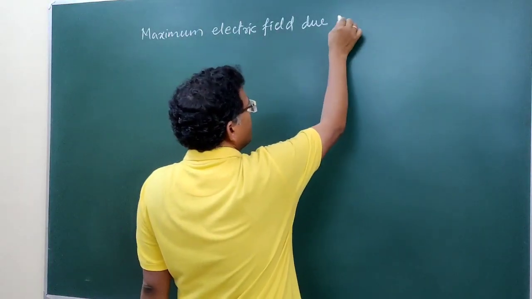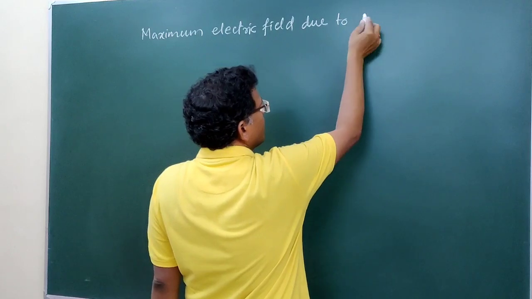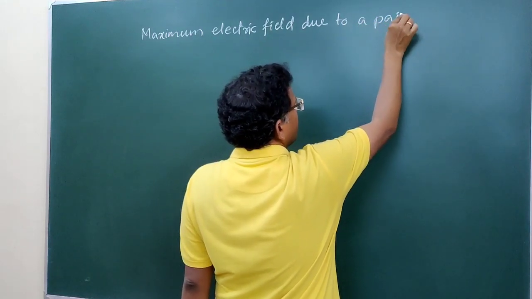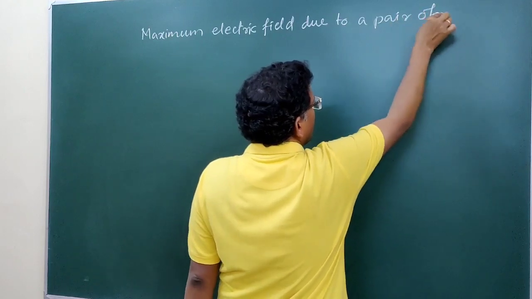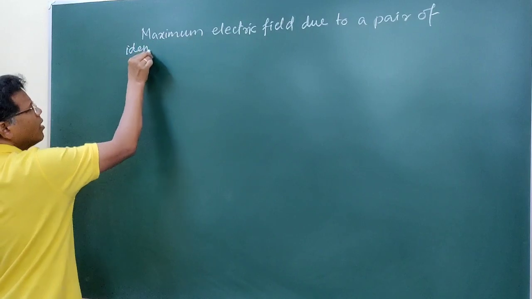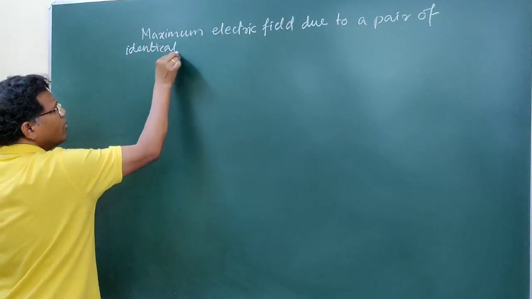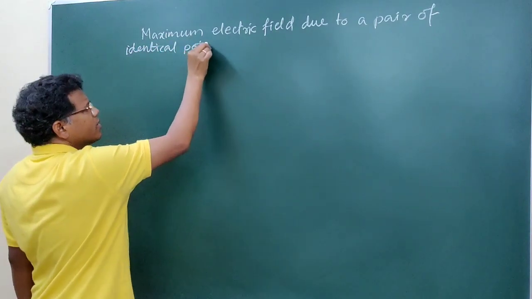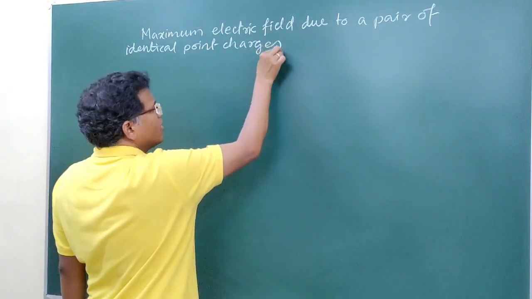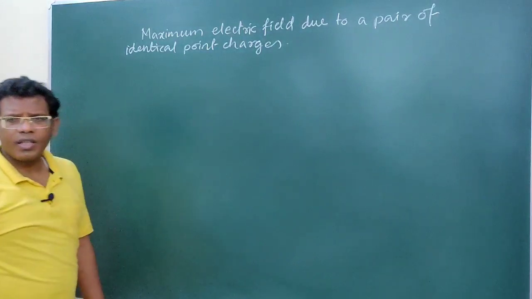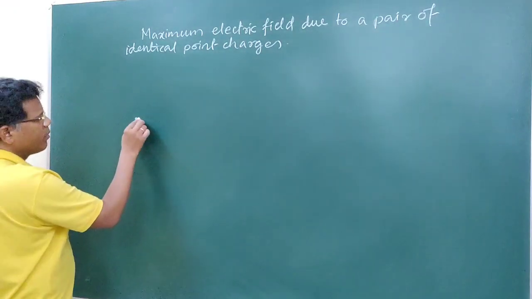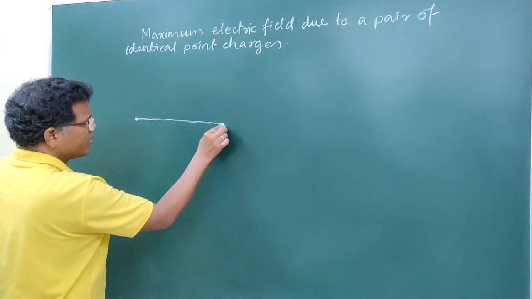Maximum electric field due to a pair of identical point charges. Okay, due to a pair of identical point charges, what will be the maximum electric field and where is it?